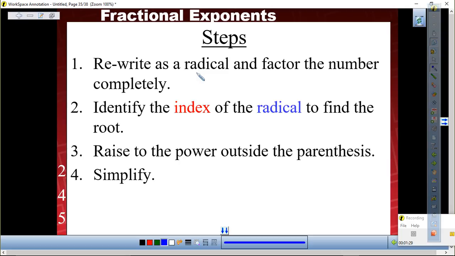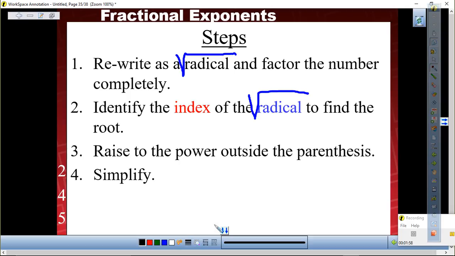From now on, whenever you see the word radical, do this. Look up. Before, we used to know it as a square root, but that was for 7th grade and below. Now that we're in algebra, we're going to be looking at roots higher than 2.